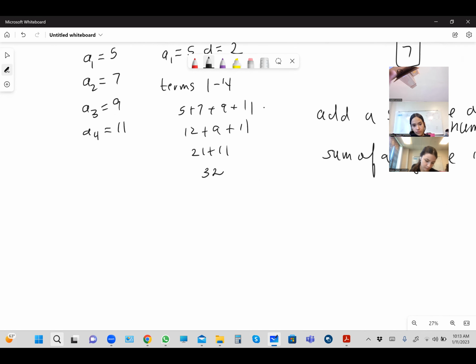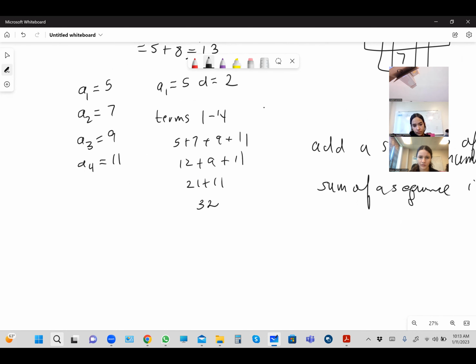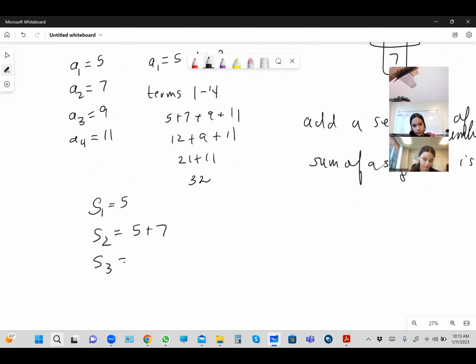So I want to see if there are any patterns associated with adding these numbers where I can develop a formula. Now, the sum of 1 is 5, but the sum of 2 is 5 plus 7. The sum of 3 is 5 plus 7 plus 9, and the sum of 4 is 5 plus 7 plus 9 plus 11.